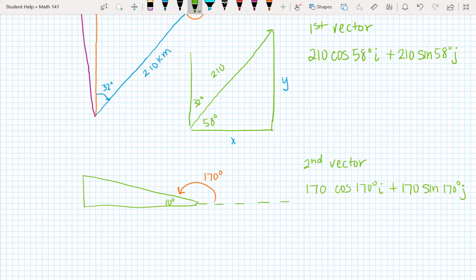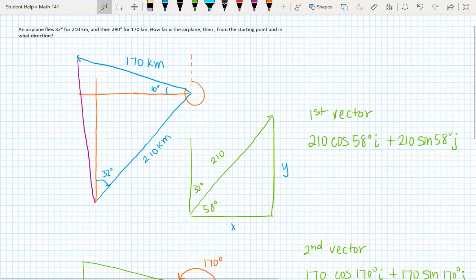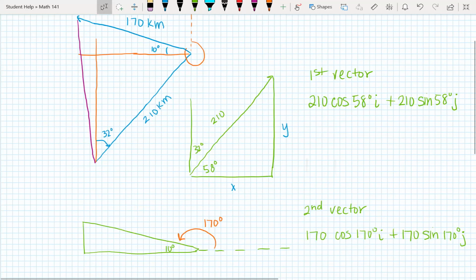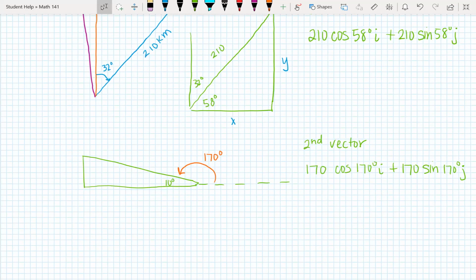So the result, when we have two vectors that are added together, is the magenta that's on the side. You take the two vectors that you had started and you add them together to get the result. So I'm going to take these two components and add them together.